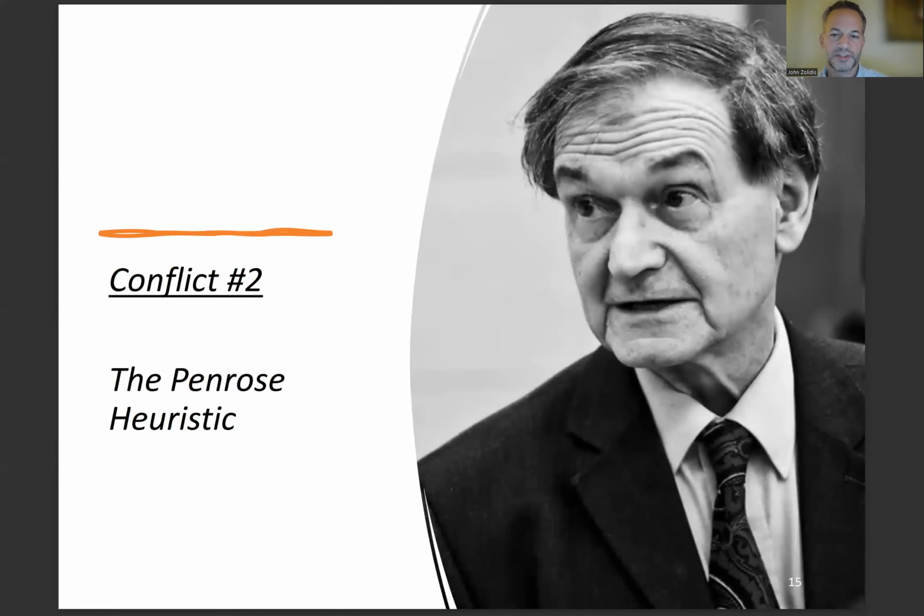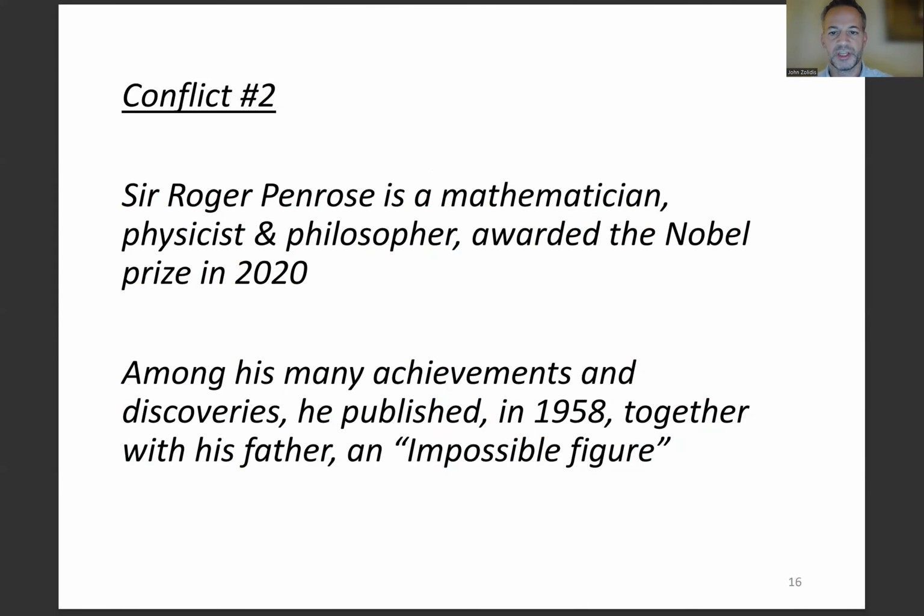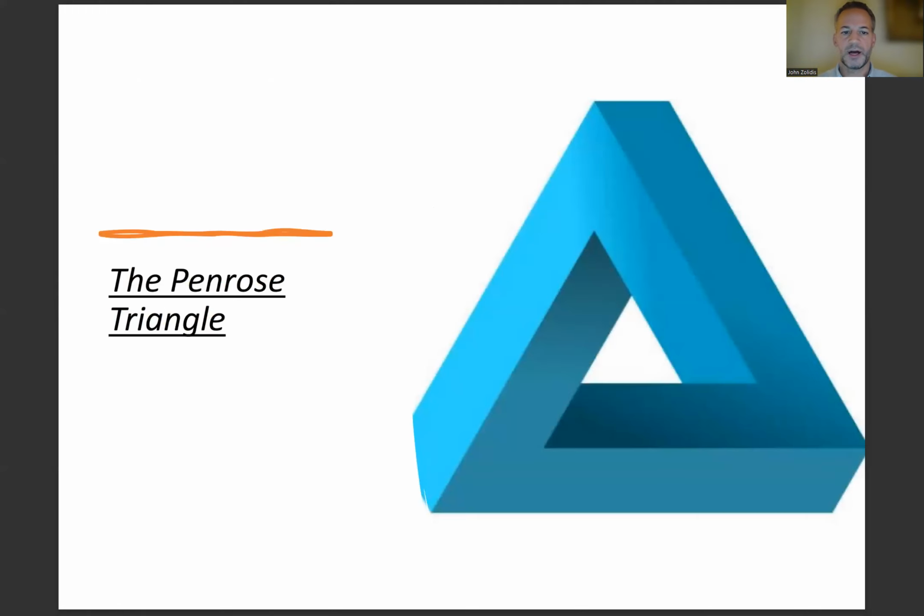Okay, on to our second conflict and analogy. First, which we're going to call the Penrose Heuristic. Now, Roger Penrose is a mathematician. He was awarded the Nobel Prize in 2020. He's still around. And together with his father, he published in 1958 something called the impossible triangle.